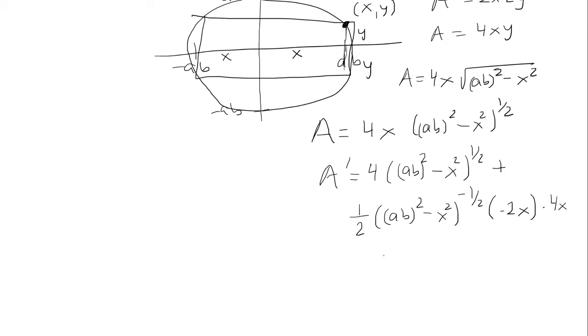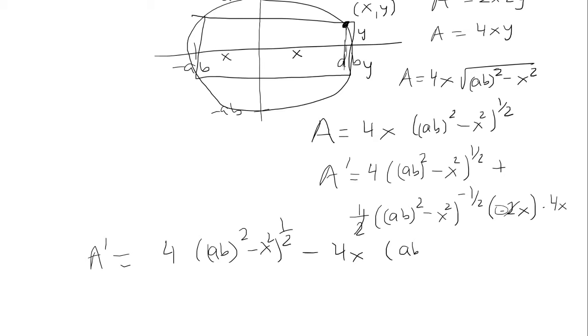Okay, so now we can simplify. We have 1/2, and the 2 is going to go away. So I'm just going to rewrite the derivative here. We have 4 times the square root of (ab)² - x², and then this is a negative, so that's minus 4x times ((ab)² - x²) raised to the negative 1/2 power.